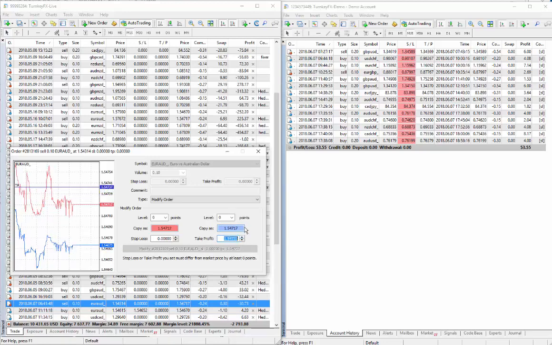Oh, I'm sorry, I'm on the wrong side of the trade here. I'm going to add a stop here, but I am going to put it about a pip higher to give this trade a chance to maybe move into a less negative situation.